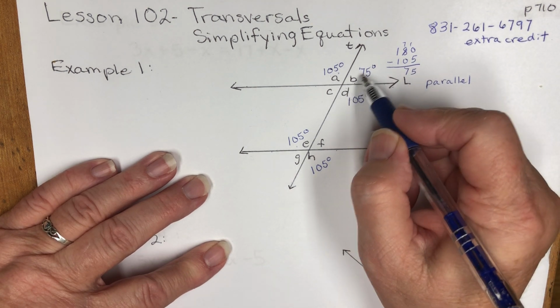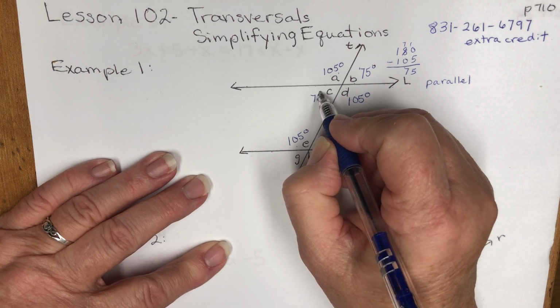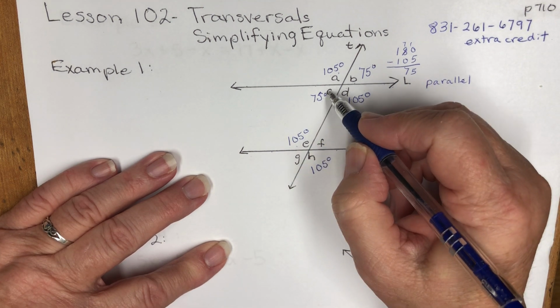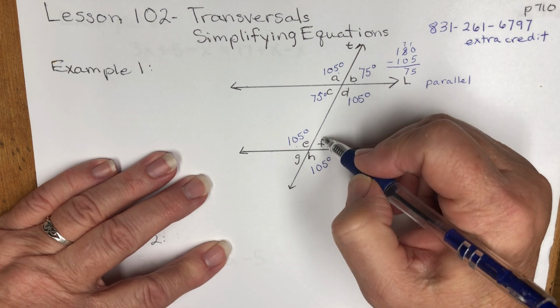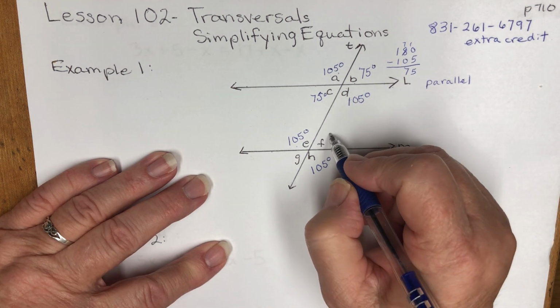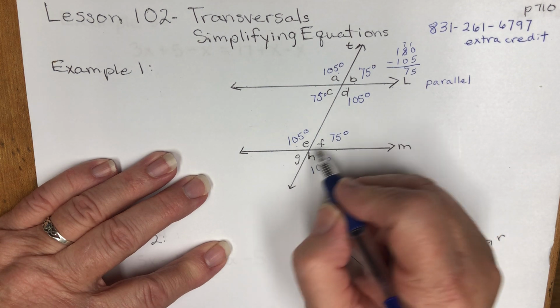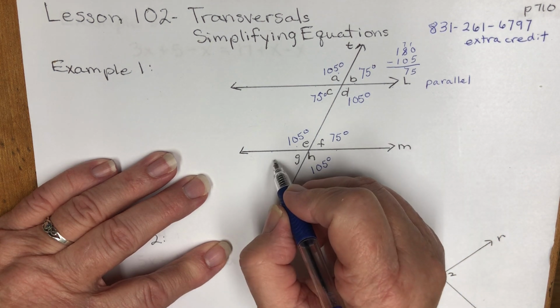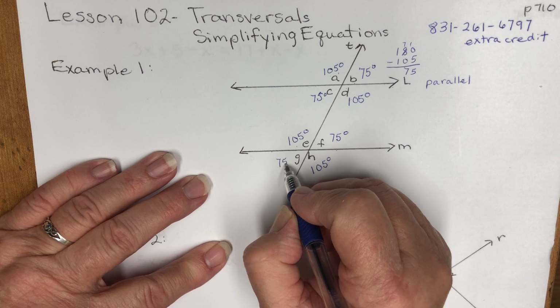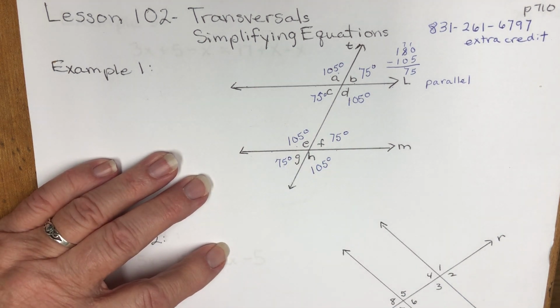Here we have a vertical angle relationship, so that means C is 75 degrees. Here we have an alternate interior angle, that means this one is going to be 75 degrees. And then here we have a vertical angle, which means this one is going to be 75 degrees. So basically we have solved all those by just knowing one measure.